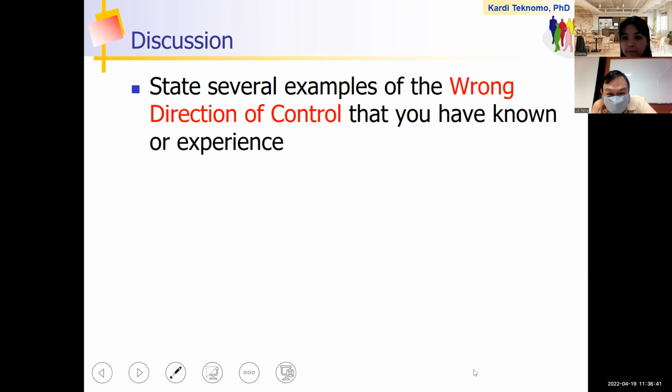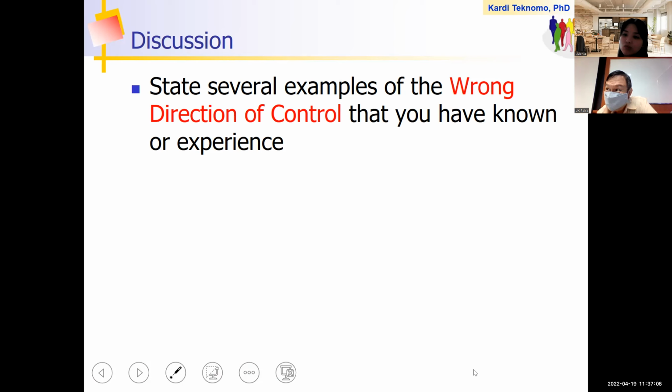Devi. Wrong direction. The next one. Did I explain?